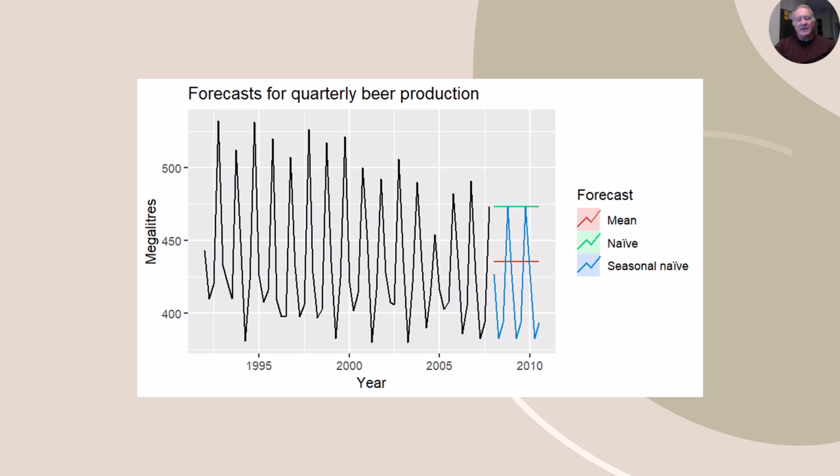And for the naive, the next value will be equal to the last value, and it will become constant through the data series. And finally, for the seasonal, we'll use previous year's values to find out what the next year will be.